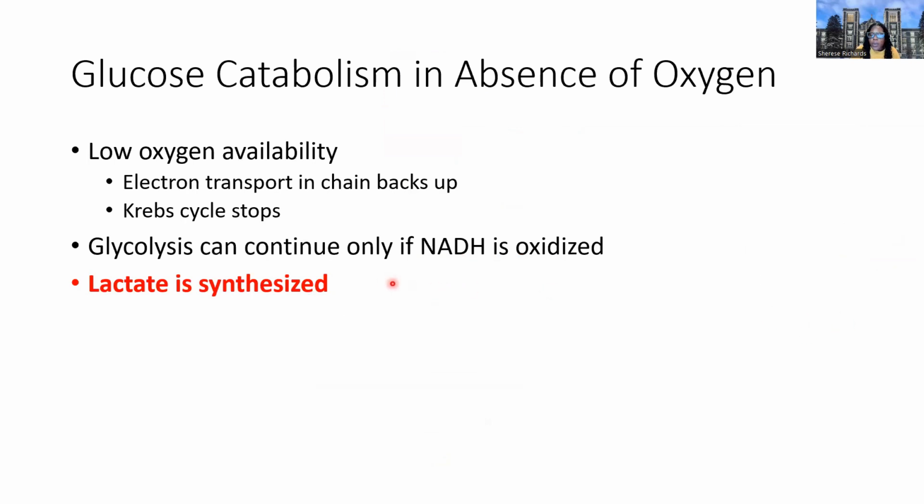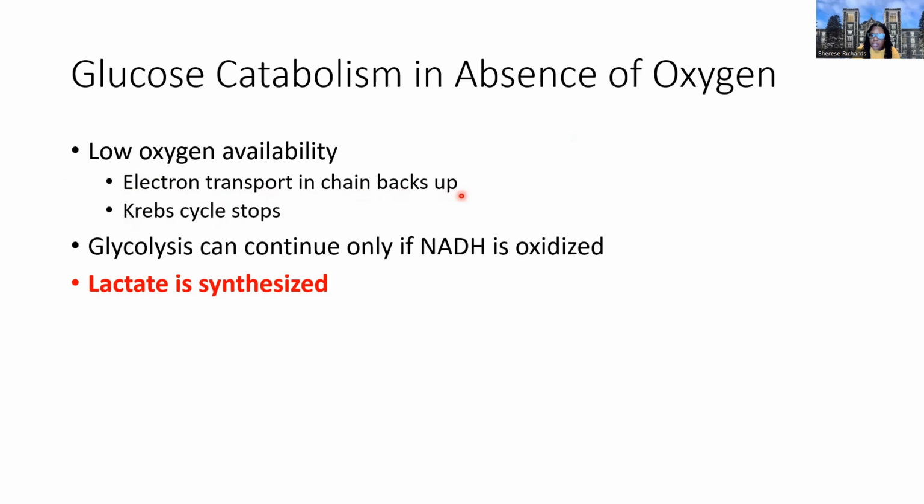All right. Now I want to talk here a little bit about what happens to glucose in the absence of oxygen. Now, if there's low oxygen availability, let's say you're at a high altitude, for example, or you're just not bringing in enough oxygen, your respiration rate is low, what's going to happen is the electron transport chain is going to back up.